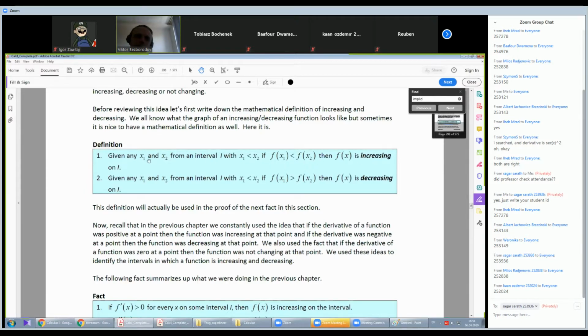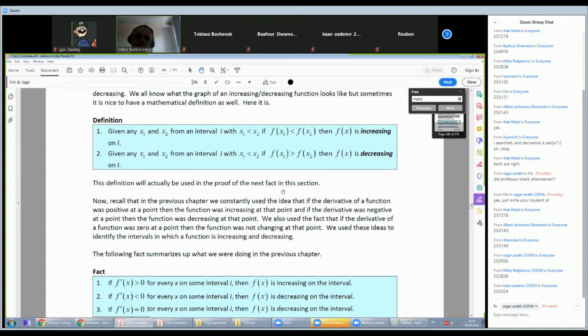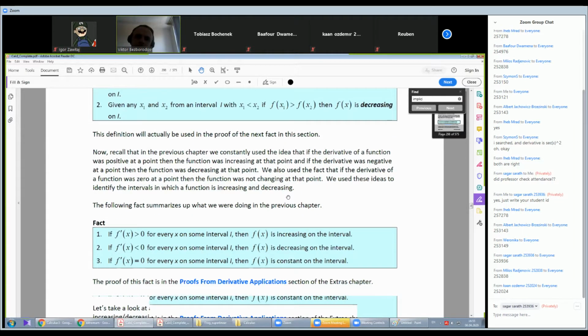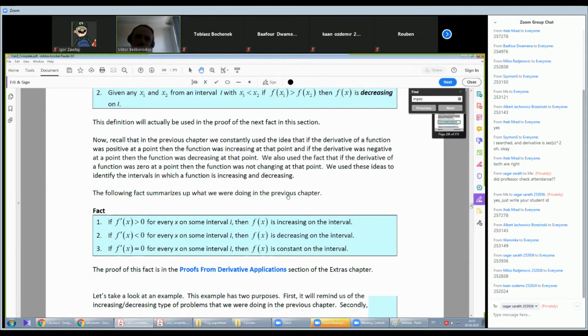And then the decreasing is when the sign is reversed. So it's exactly the same definition, just the sign is reversed.